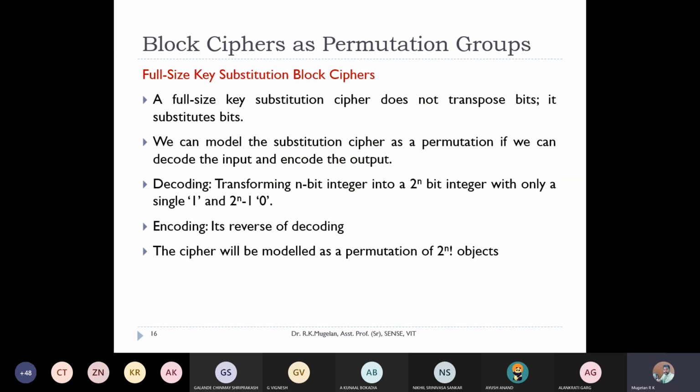Whereas if we go for a full-size key substitution cipher, what they are going to do is decode the given input and expand it, not to increase the key size. If I have n bits, generally in transposition we have n factorial different combinations, whereas in a substitution cipher, they go for 2 power n factorial.